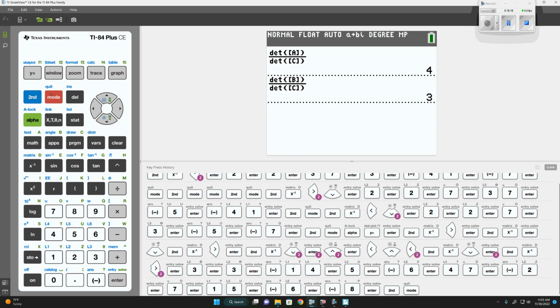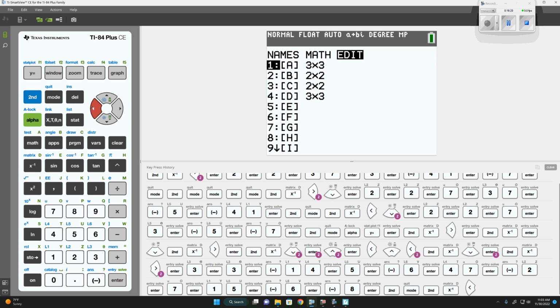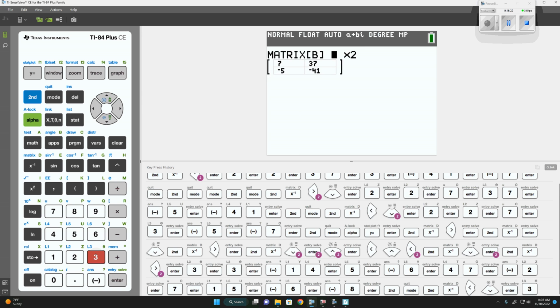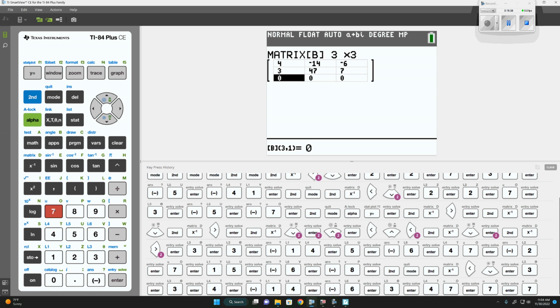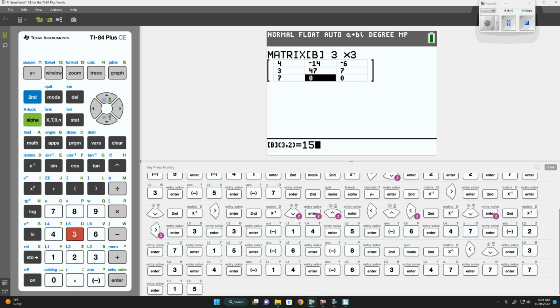So we'll type the first one in. Then we can go second quit, second matrix, over to edit, and plug in matrix B, which is for the numerator of y, which will be 4, -14, -6, 3, 47, 7, 7, 15, -8.